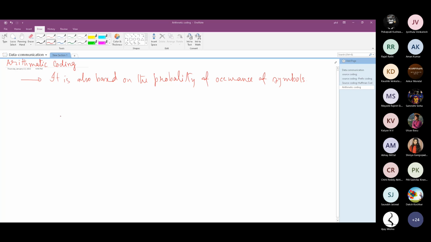However, unlike the other coding techniques, arithmetic coding gives a single number.